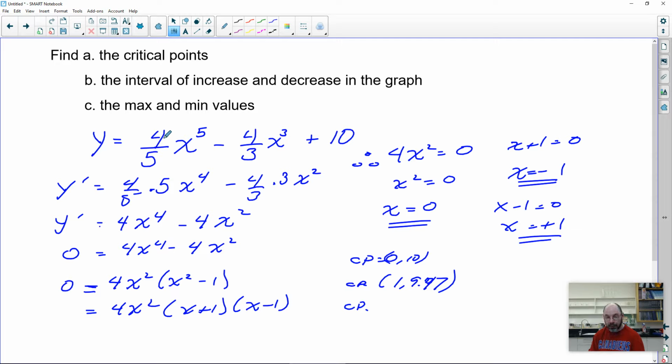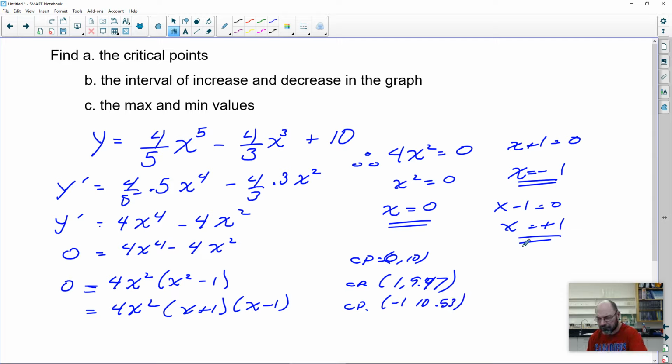Okay, and plus 10. So I end up getting 10 8/15, or 158/15, or 10.53. So there's our critical points.